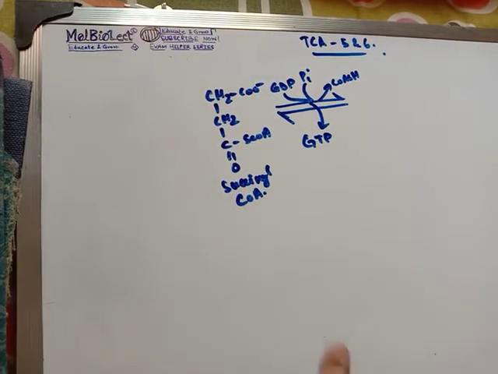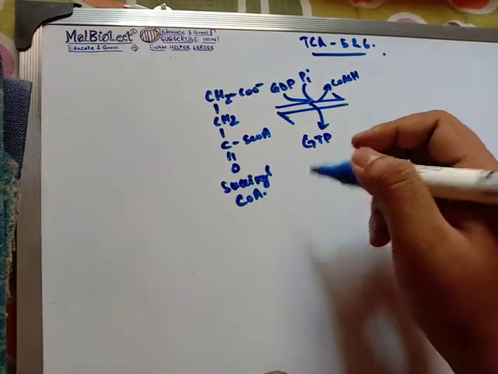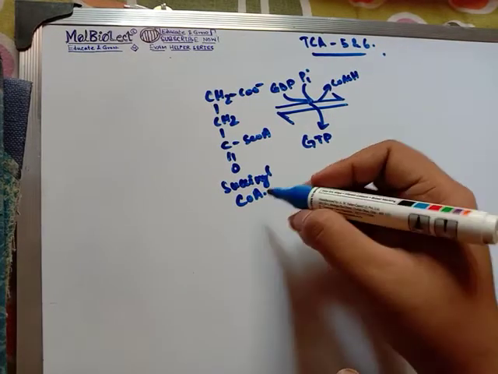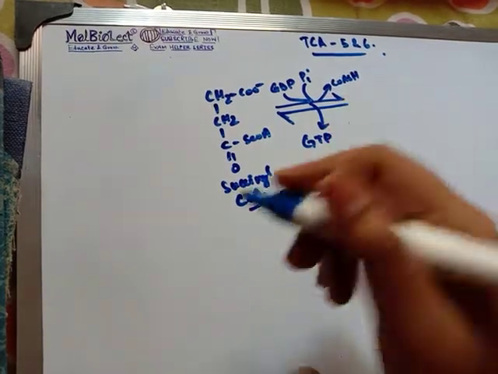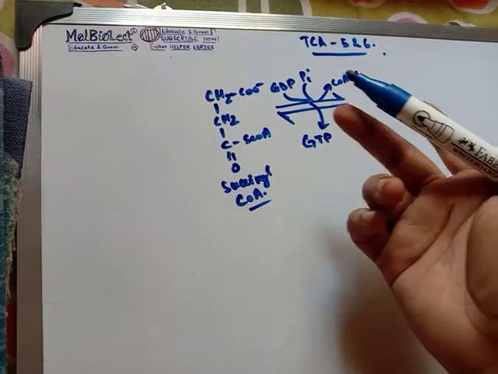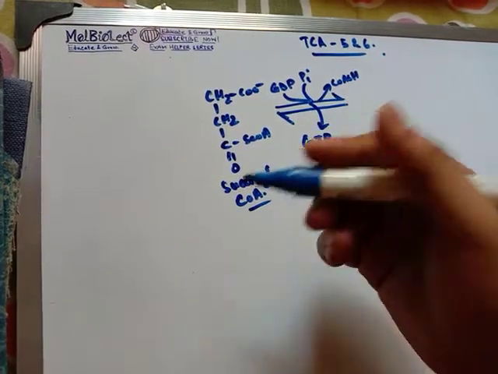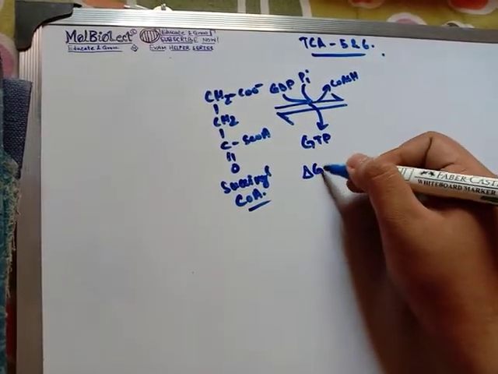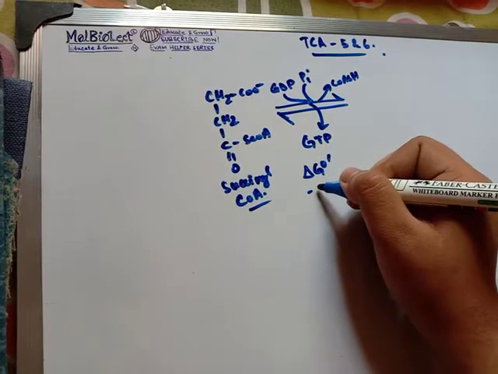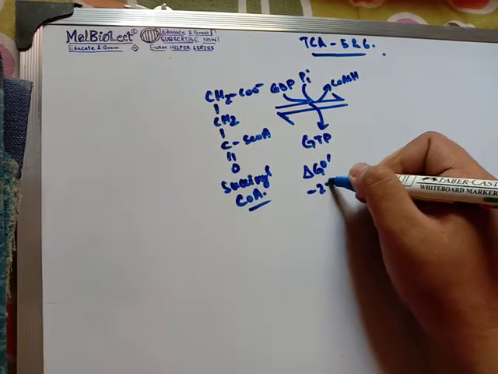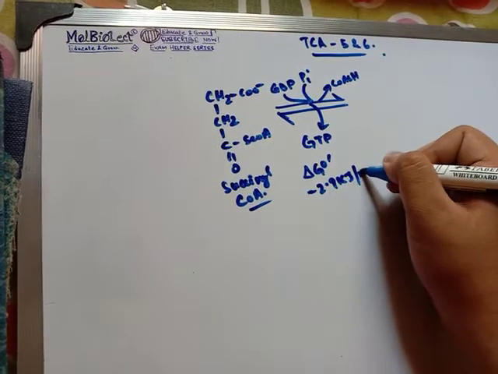Okay, so this reaction is also a substrate level phosphorylation, because the substrate is highly energetic so that it can phosphorylate a GDP molecule to a GTP molecule. So the delta G0' for this reaction is minus 2.9 kilojoule per mole.